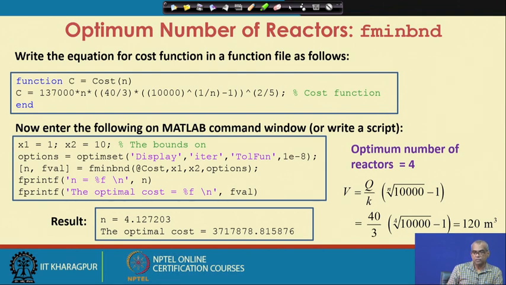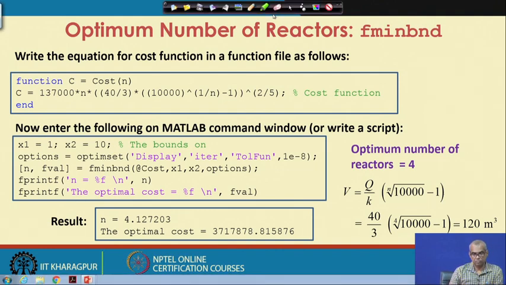So, let us look at the MATLAB codes that you have to use. So, first write the function file for the objective function. So, we will define a function known as cost. You can define by any other name you like.